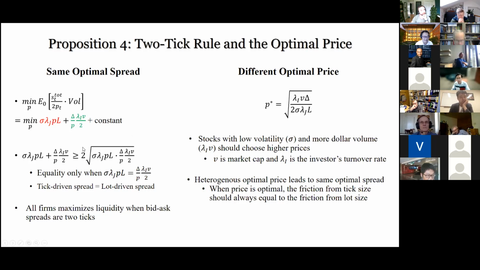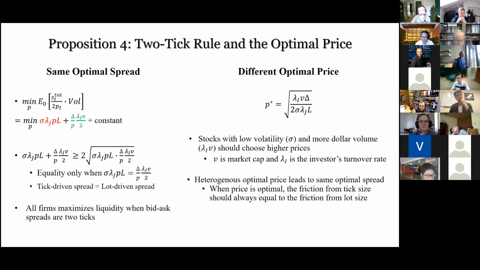And the sum of these parts is greater than or equal to 2 multiplied by the square root of the multiple. And the inequality holds with equality only when these 2 parts are equal, so only when the tick-driven spread is equal to the law-driven spread. That means that all firms maximize liquidity when the bid-ask spread is 2 ticks.